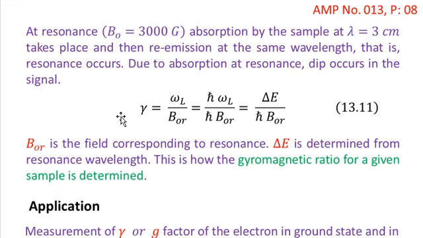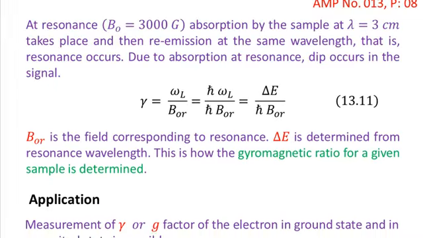So you see that you can determine the value of gamma using equation number 11 through this setup. And this provides an experimental arrangement for the measurement of the gyromagnetic ratio of a given sample using electron spin resonance. So electron spin resonance can be used to measure the gyromagnetic ratio of the given sample.